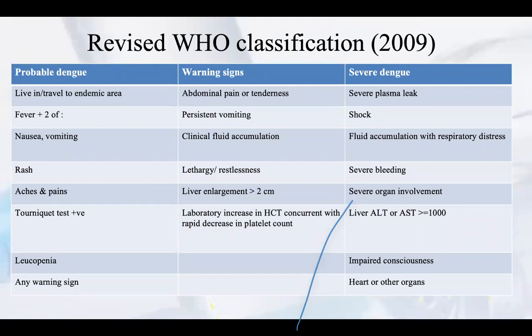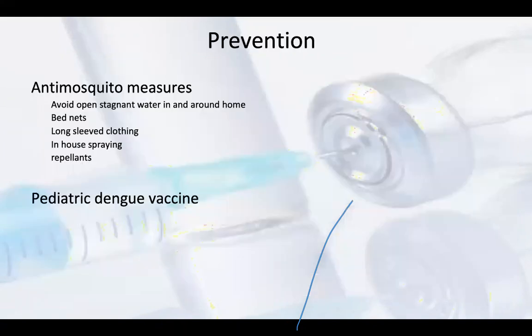Severe dengue: severe plasma leakage, shock, fluid accumulation with respiratory distress, severe bleeding, severe organ involvement such as liver with raised ALT and AST, impaired consciousness, heart or other organ dysfunction.